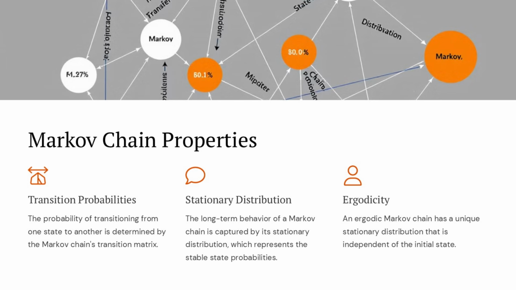The stationary distribution represents the long-term, stable state probabilities of the Markov chain, regardless of the starting state. Ergodicity means the Markov chain has a unique stationary distribution that is reached over time, independent of the initial conditions. Understanding these core Markov chain properties is crucial for effectively applying this framework to real-world problems.